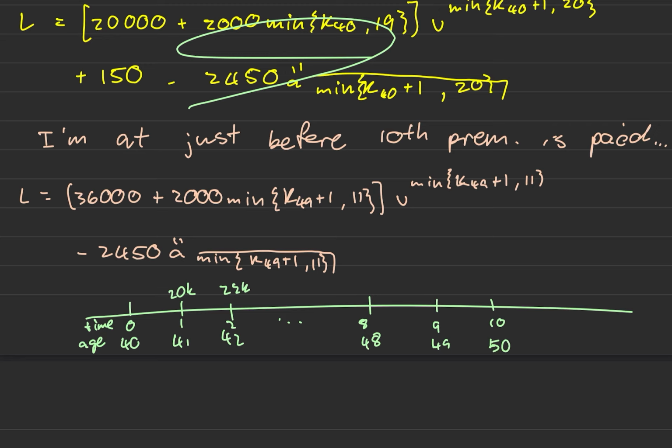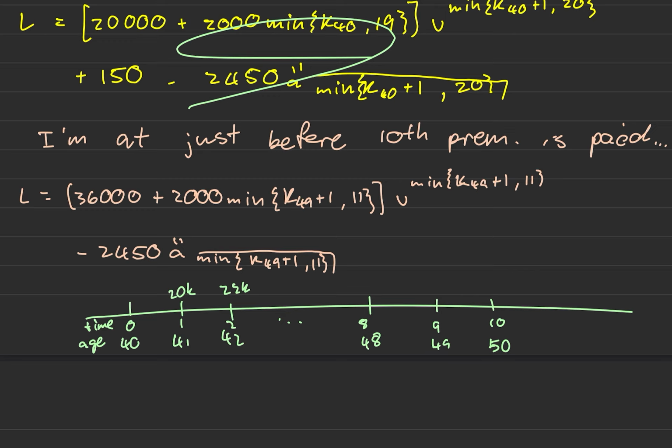Okay, now I need to find out what the sum assured would be. Well, if it starts out at 20,000 at time 1, it must increase by 2,000 for each increment in these years. So by the time this 10th premium is going to be paid, what is going to be the amount of the sum assured?